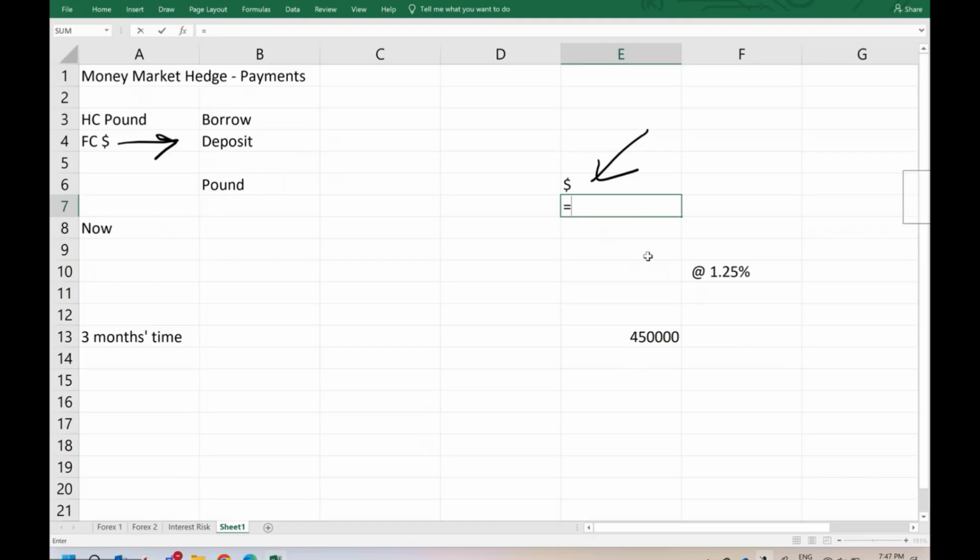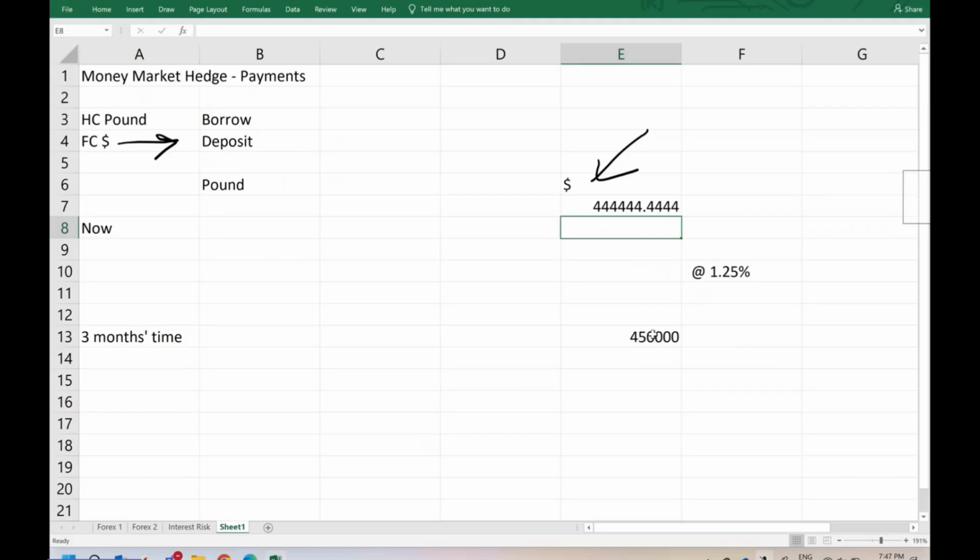Discount. So this divided by 1 plus interest rate, 1 plus R. 1 plus 1.25%. If I remove the percentage sign, I have to divide by 100, so 1.0125.